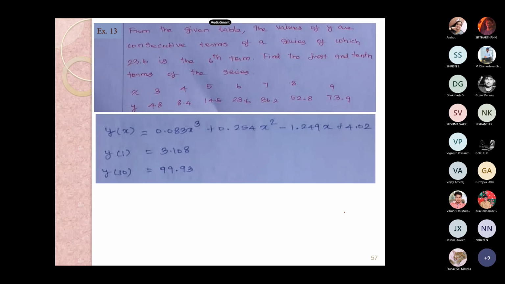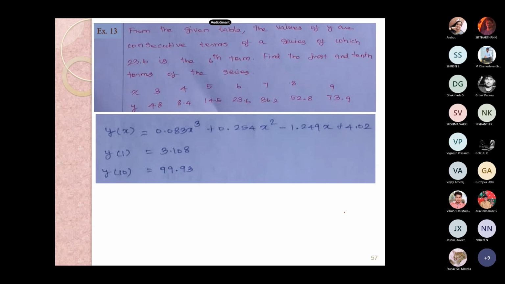From the experience of exercise number 12, you can build your own quadratic or polynomial equation, and through that polynomial equation you can find the data, whether it is for 1 or 2 or 10. You can find the respective value of y.